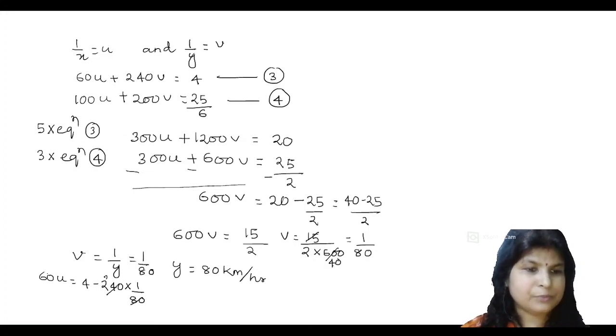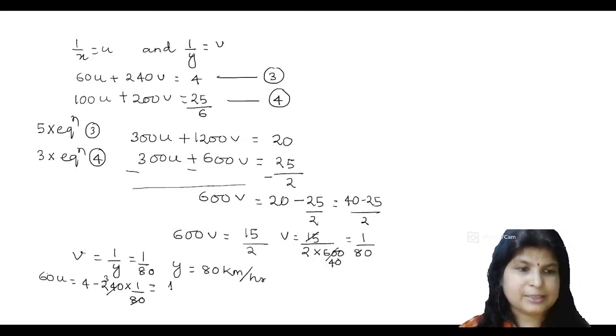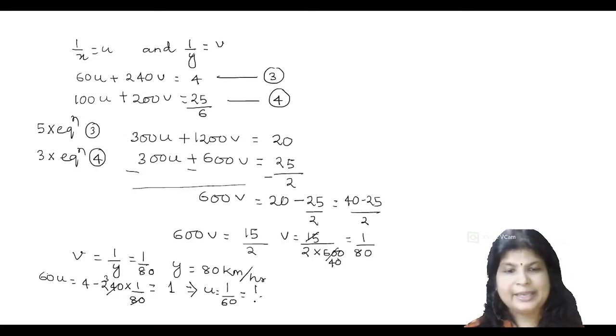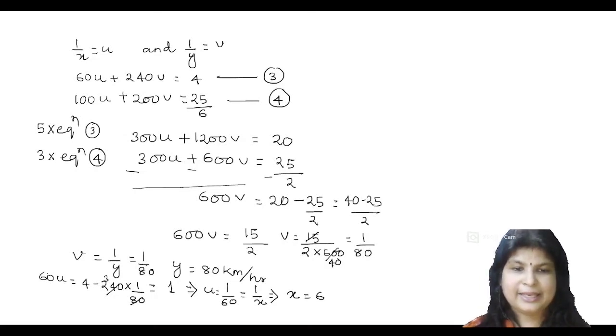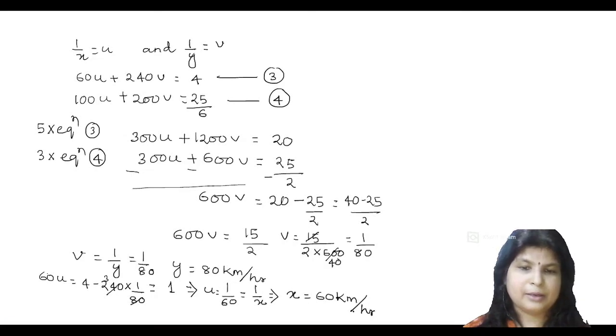So that becomes 3. So 4 minus 3, that is 1. It implies your u is equal to how much? u is equal to 1 by 60, that is 1 by x. That is, it implies what will be your x value then? x is equal to 60 kilometer per hour.